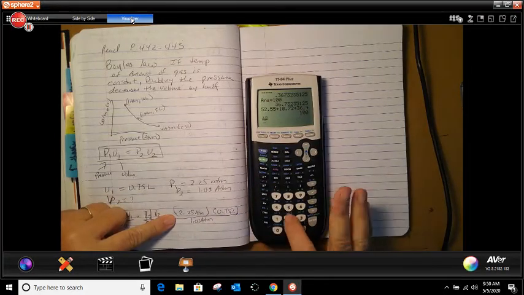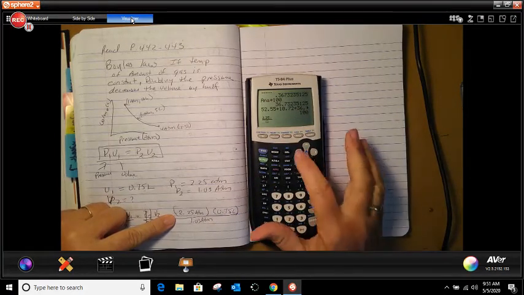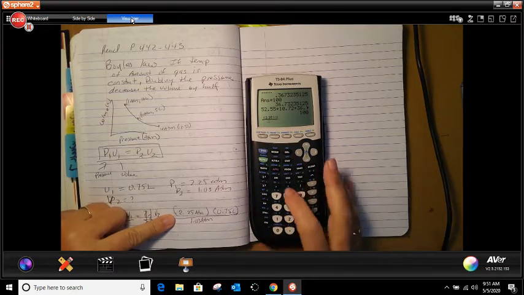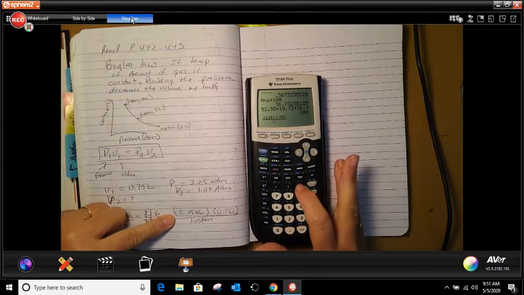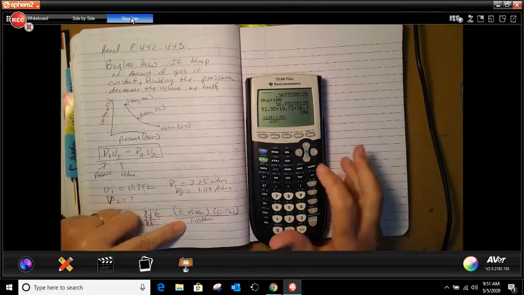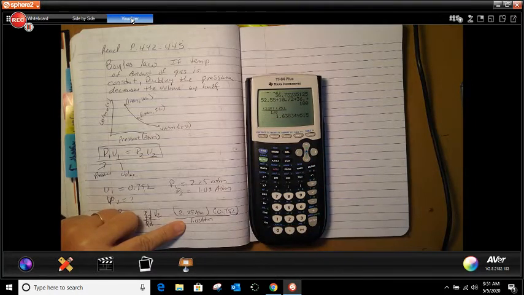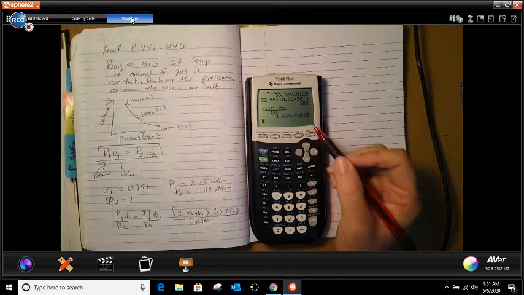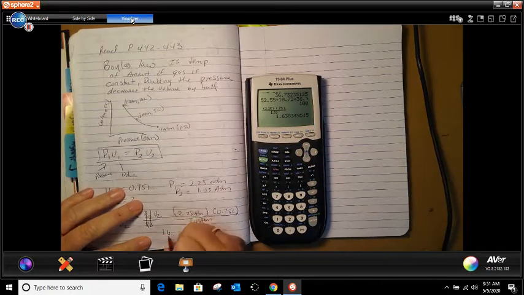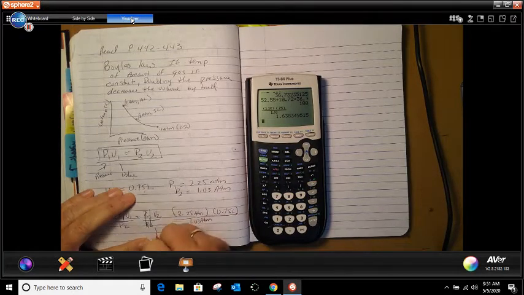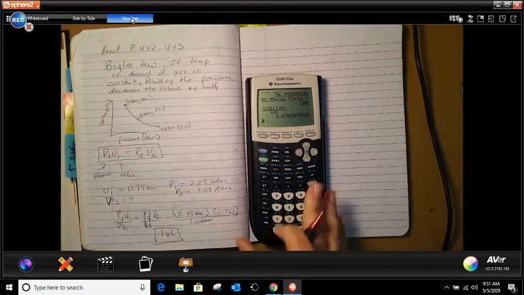I have an open bracket, 2.25, close bracket, open bracket, 0.75, close bracket, down, and 1.03 over, and enter, and I get 1.63838. So it's 1.6 liters, right? Because atm and atm cancel, and that is my answer for that question.